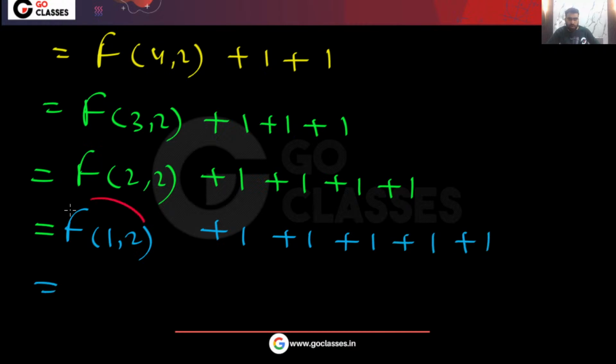This value you already know: f(1,y) is 2 into 2, so this value will be 4.